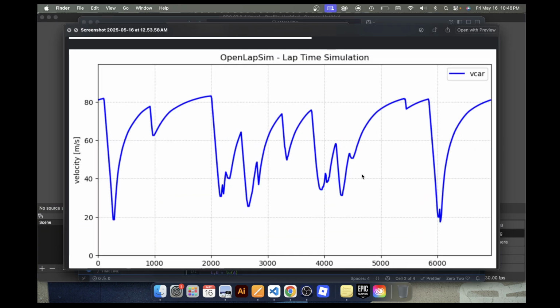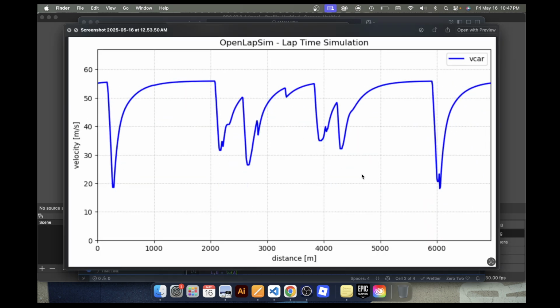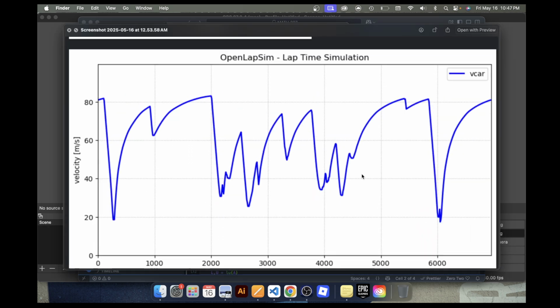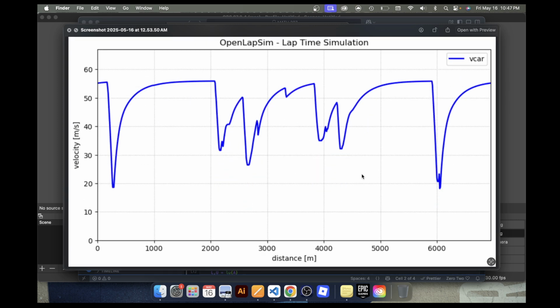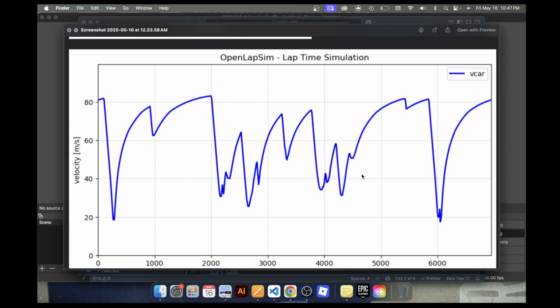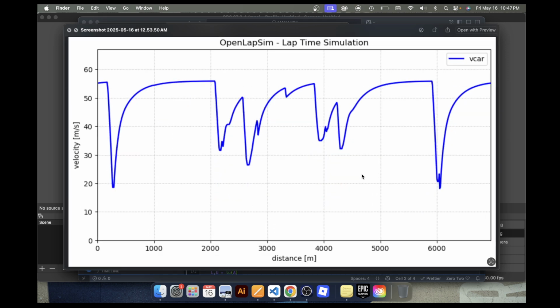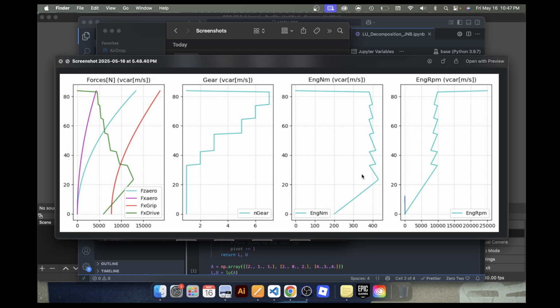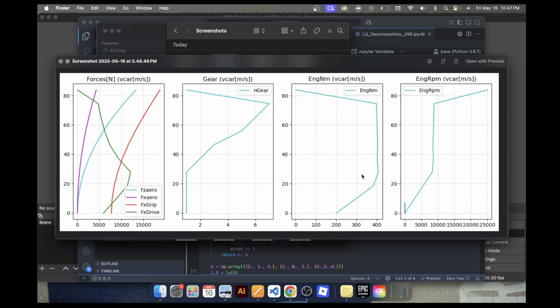So it's slightly different, quite different and slower, but the general behavior is roughly the same. So we're gonna have to look into this. This is the point mass. This is the longitudinal bicycle.